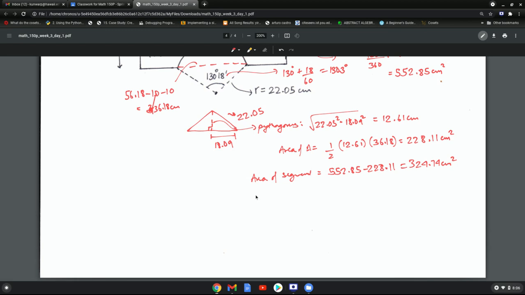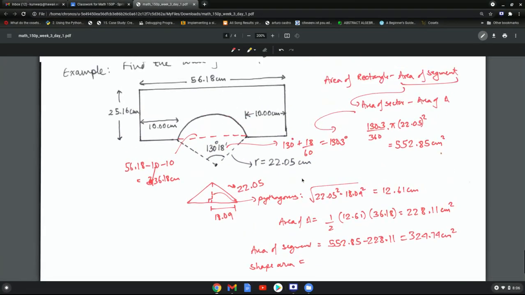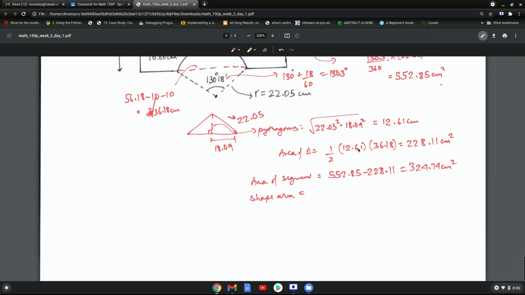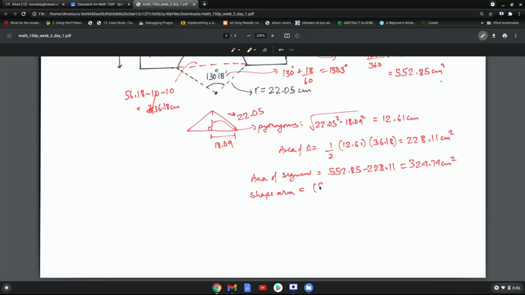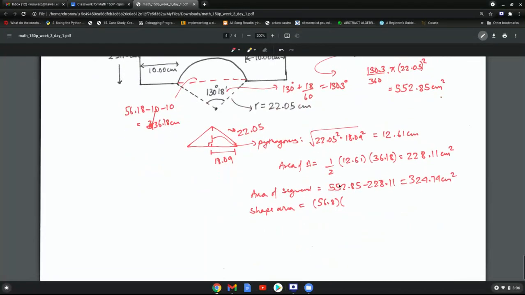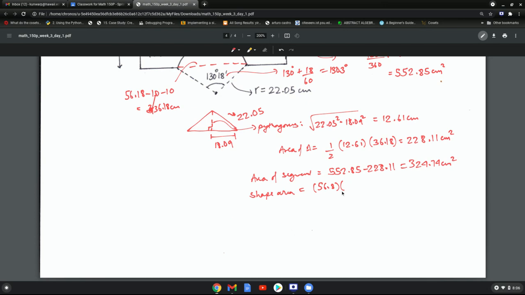So the required area, right? The shape area is going to be the area of the rectangle minus this segment. And the rectangle is easy, it's 56.18 times 25.16. So we take 56.18 times 25.16 and subtract 324.74, and plug that into the calculator.